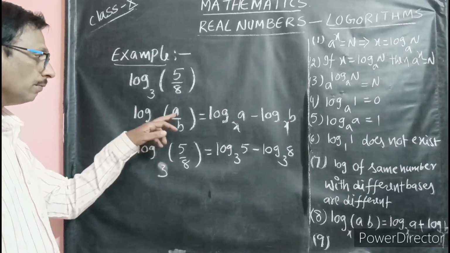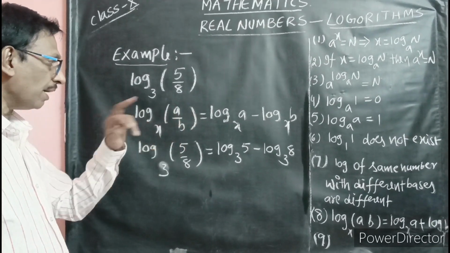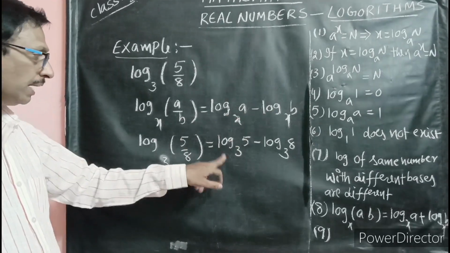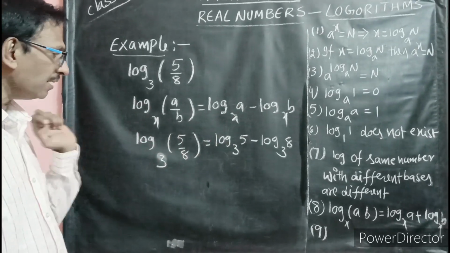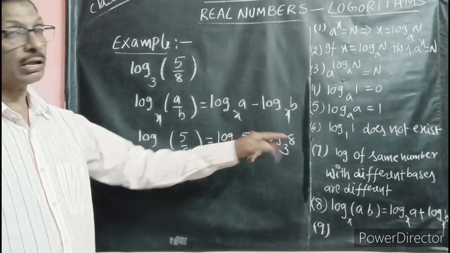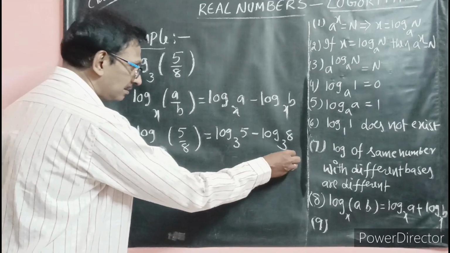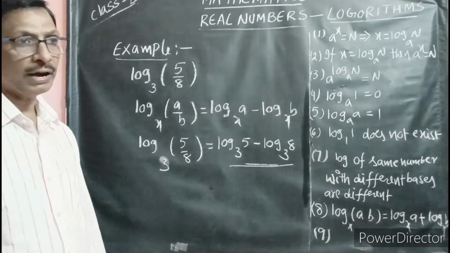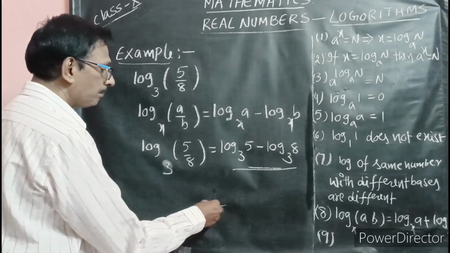We are replacing a as 5 and b as 8 in the above formula. Now this is the expansion of this whole log 5 by 8 to the base 3.